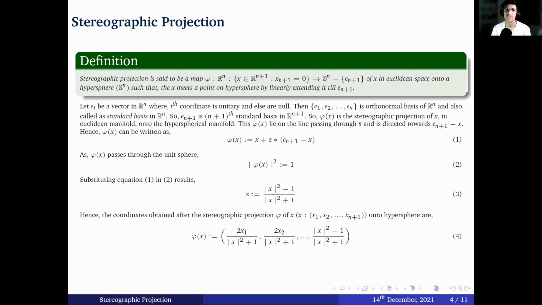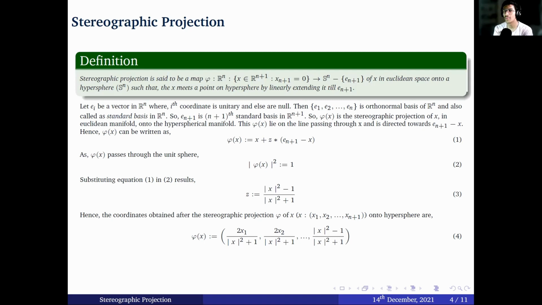Okay, let's discuss what stereographic projection is. Stereographic projection is a map from an n-dimensional Euclidean space, which consists of the origin, to that of n plus 1 dimensional space, which is Sn, that is hypersphere of n dimensions, which does not contain the n plus 1th orthonormal basis.